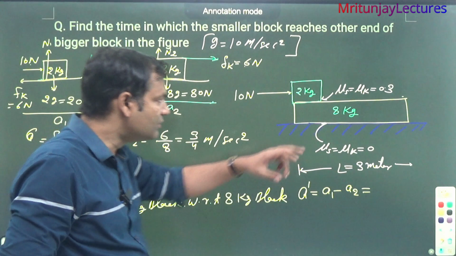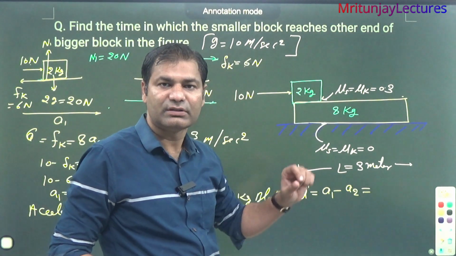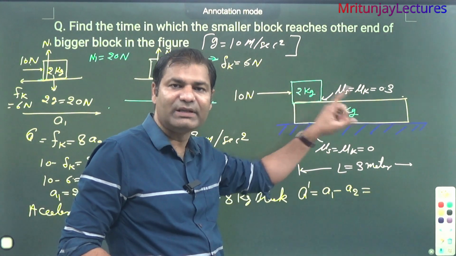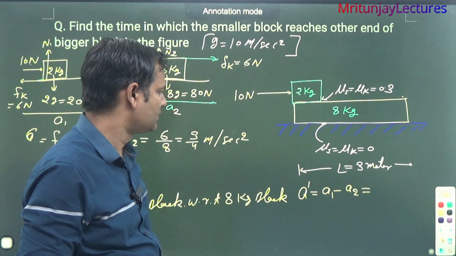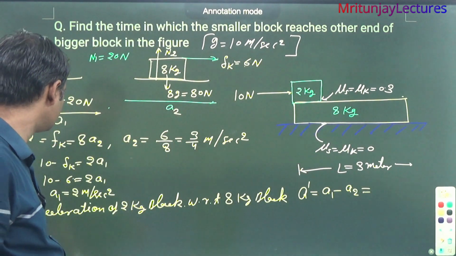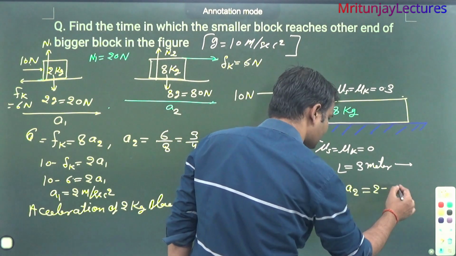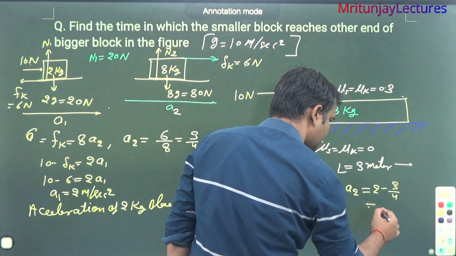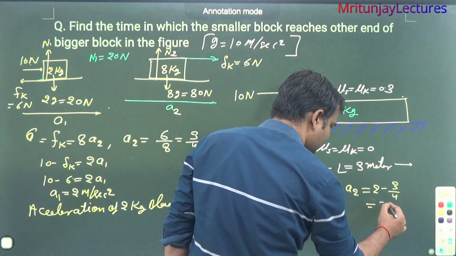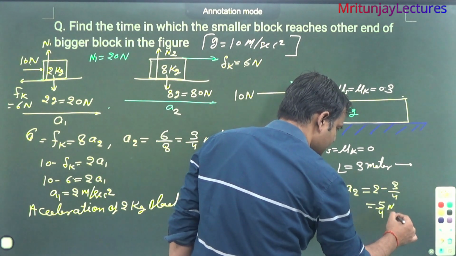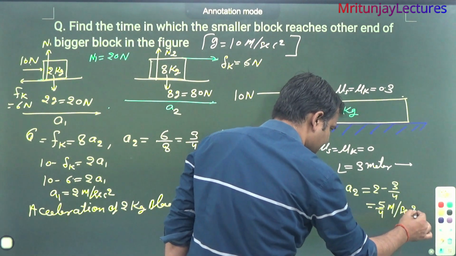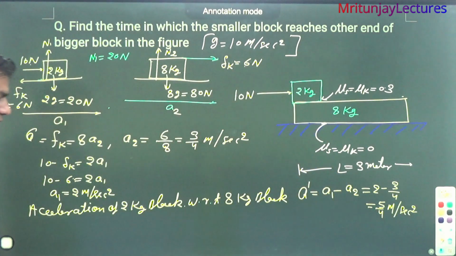You sit here and see this acceleration, it means simply A1 minus A2. So that is 2 minus 3 by 4, 8 minus 3, that is 5 by 4 meter per second square. Clear or not?